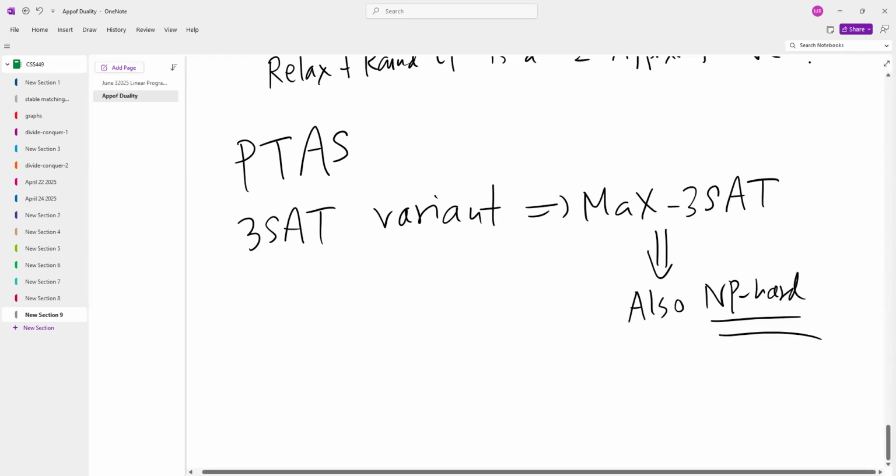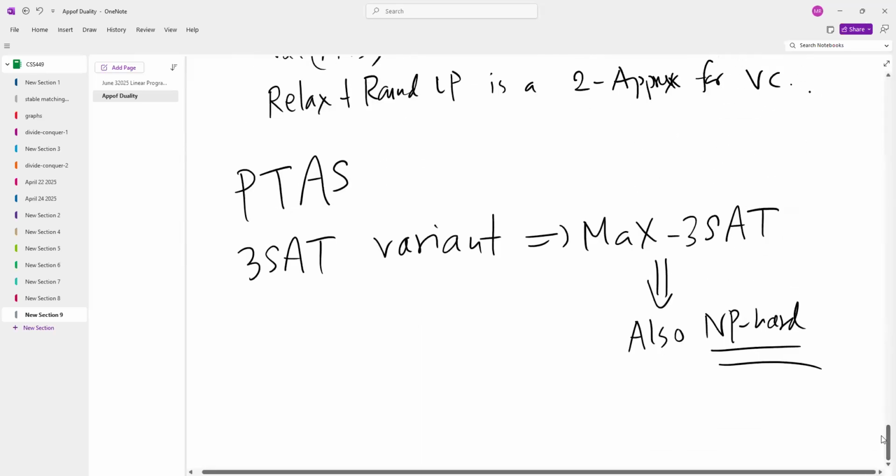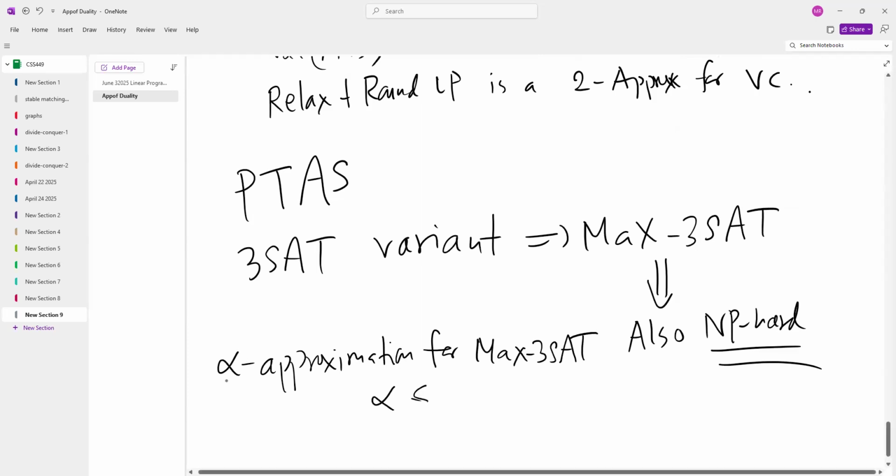Which means we can think of trying to find an approximate solution for this. Now, compared to vertex cover, this is a maximization problem, right? So if you want to find an alpha approximation for Max-3-SAT, here alpha is going to be less than or equal to 1.